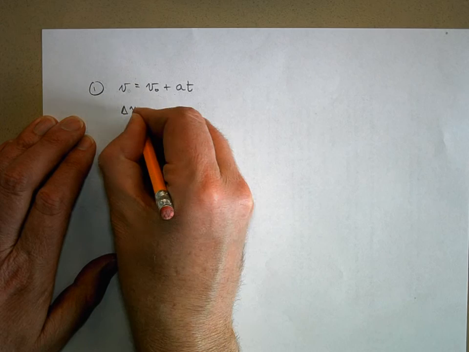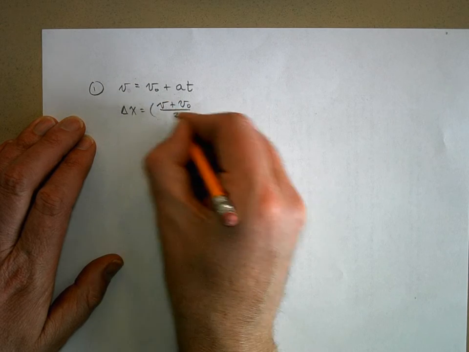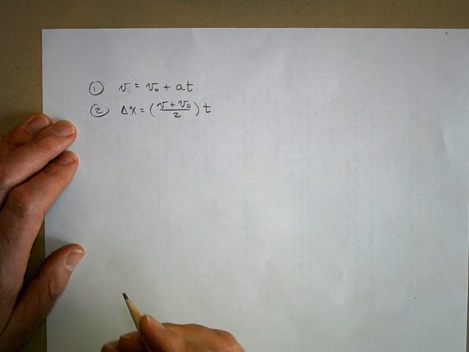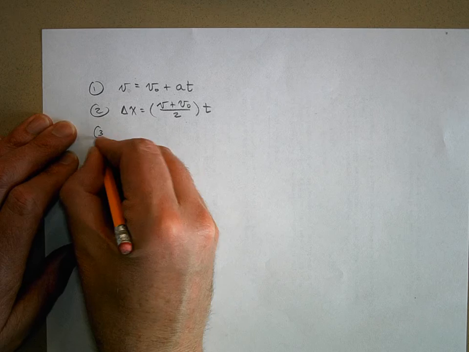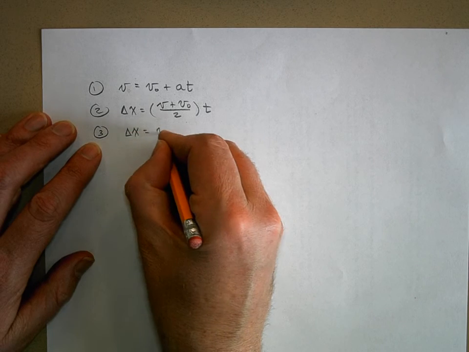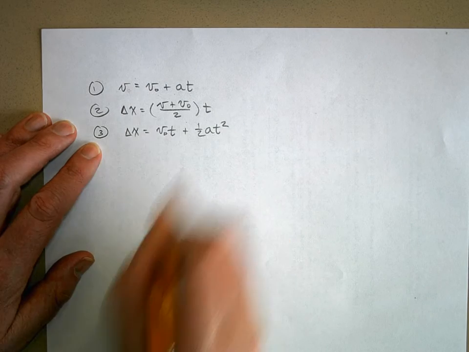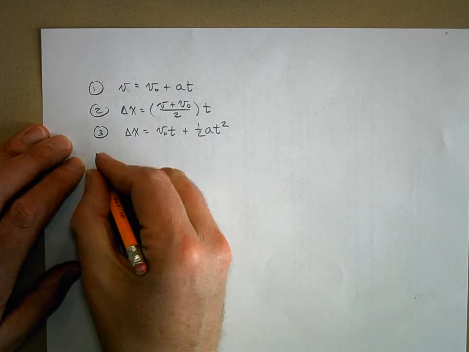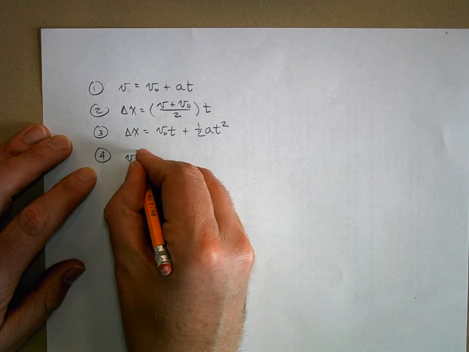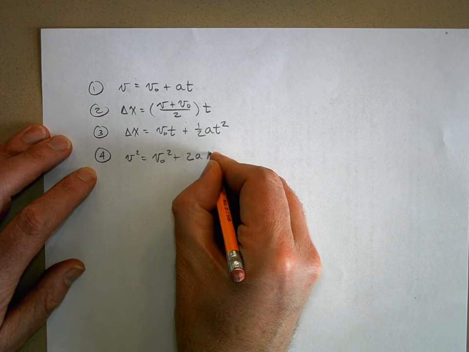Here, delta x is equal to v plus v naught over 2 times t. That's the second one I developed, right? Now the third one I developed was delta x equals v naught t plus 1/2 a t squared, right? And then here is the fourth kinematic equation where v squared equals v naught squared plus 2a delta x.